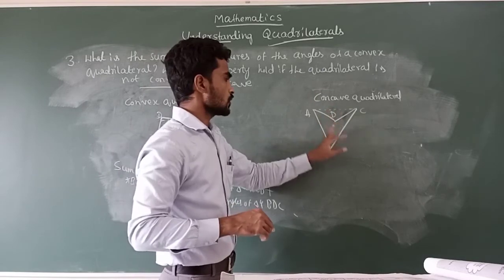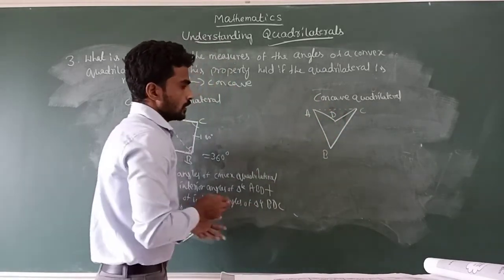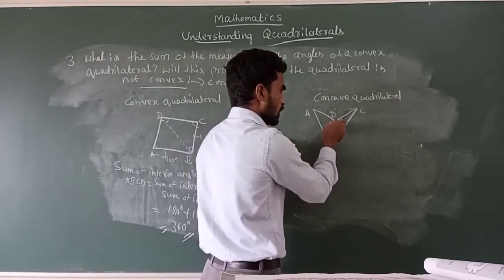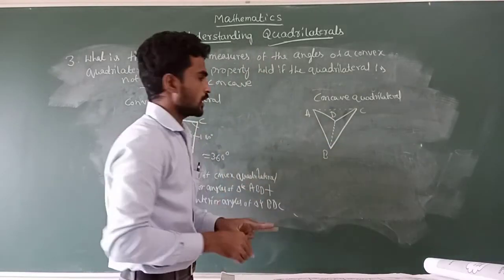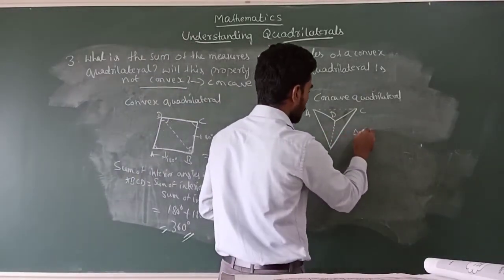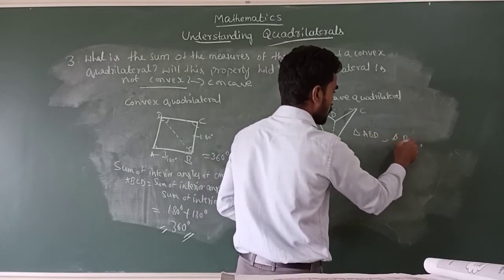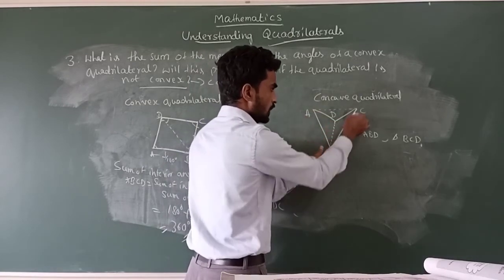Here AC is outside the polygon ABCD. Now we can divide this concave quadrilateral also into 2 triangles. One is triangle ABD and another one is triangle BCD.